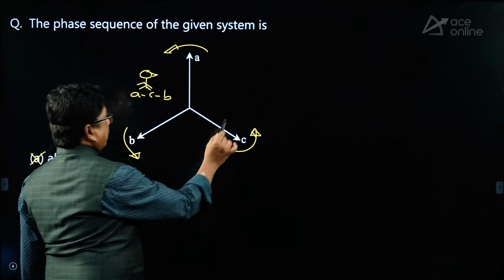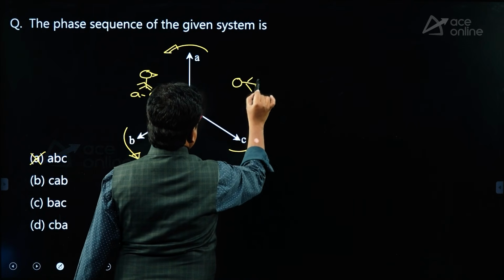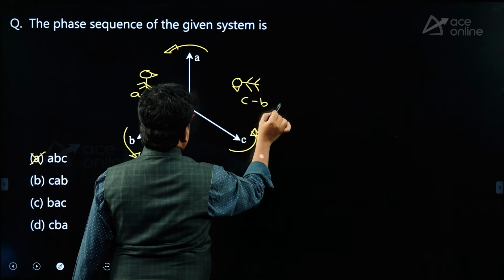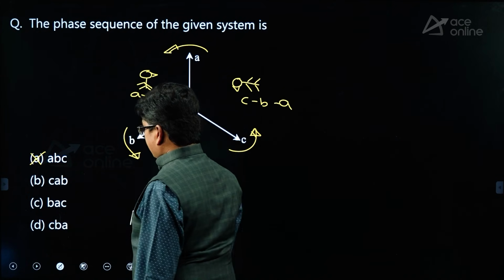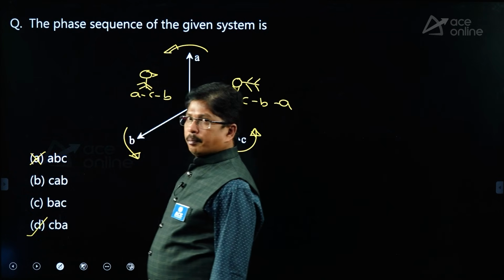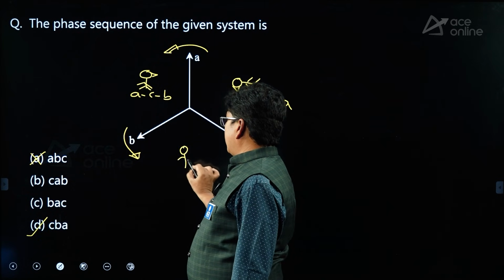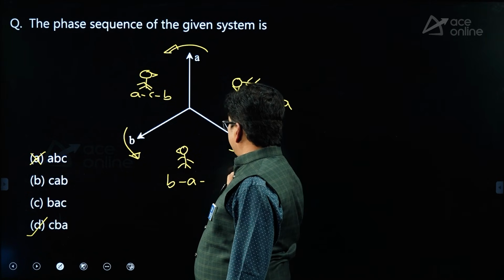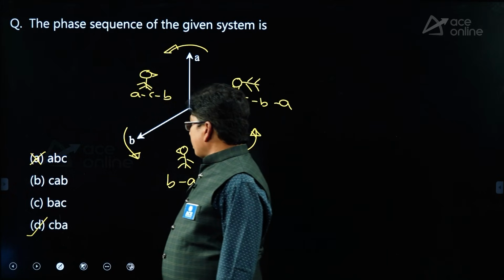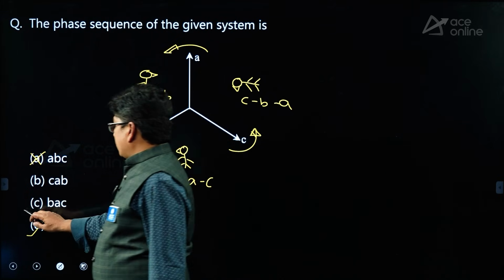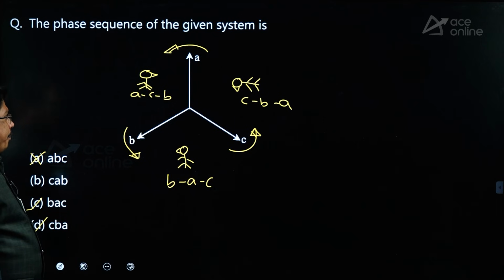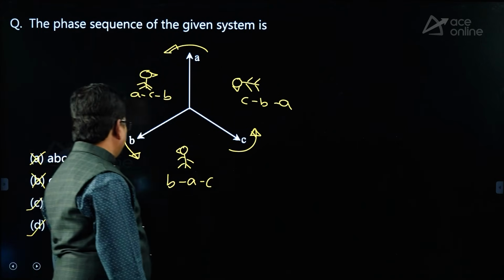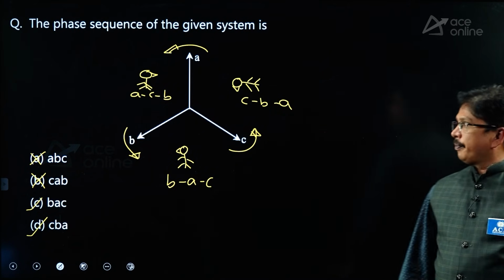Suppose the person is standing here, the first vector he meets is C, then B, and then A. CBA is the phase sequence. CBA is the correct answer. It's not CAB. If the person is standing here and looking like this, the first vector he meets is B, then A, and then C, BAC. So both BAC and CBA are correct. CAB is wrong. CBA is correct. BAC is also correct. Right, students?